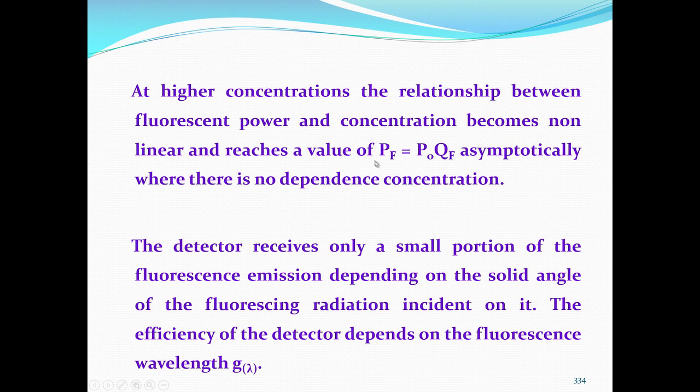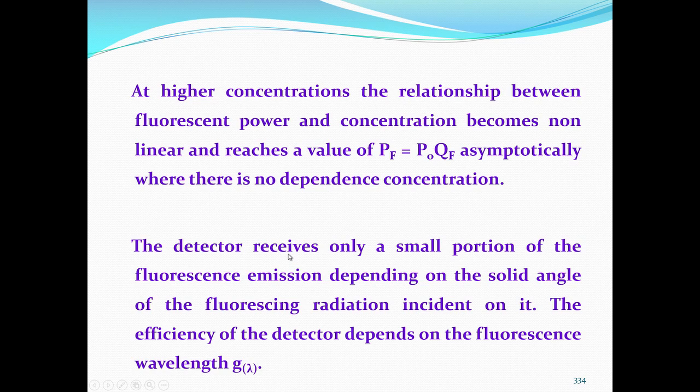See, this is a very important difference between absorbance and fluorescence. What we are saying is at higher concentrations fluorescence is so high that it ceases to be a function of the concentration. Therefore, essentially fluorescence is a function which is concentration dependent only at lower concentrations. At higher concentrations it reaches a saturation value, and once the saturation value is reached you cannot correlate it to concentration. Why this happens?